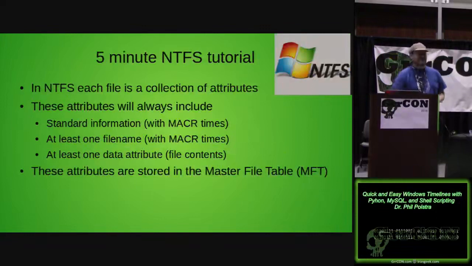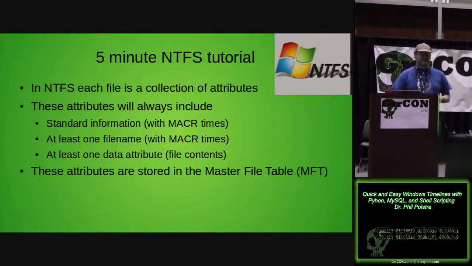So I'm going to give you a 5-minute tutorial on NTFS. Some of my students who might be here are really disappointed by this because they get an entire semester on NTFS, but I'm going to try to teach you in 5 minutes what you need to know at least to understand timelines. So in NTFS, every file is a collection of attributes.